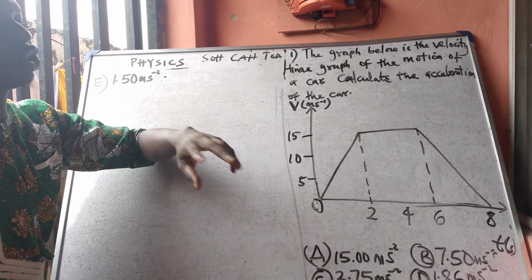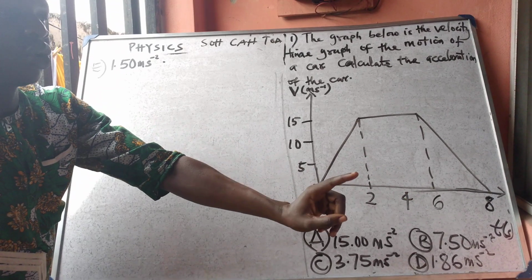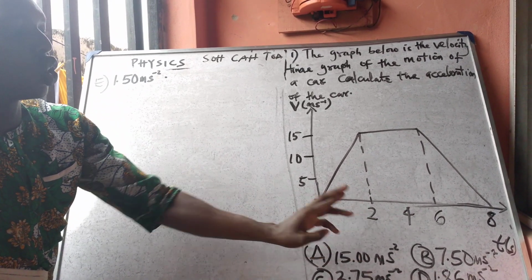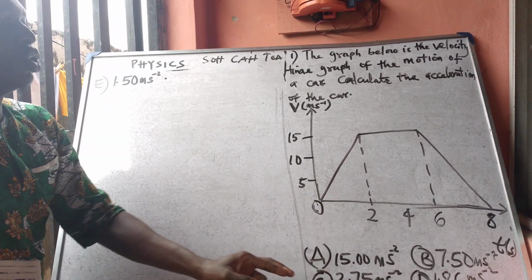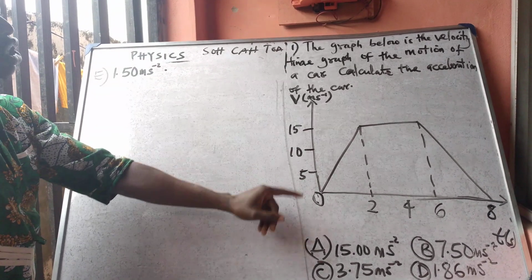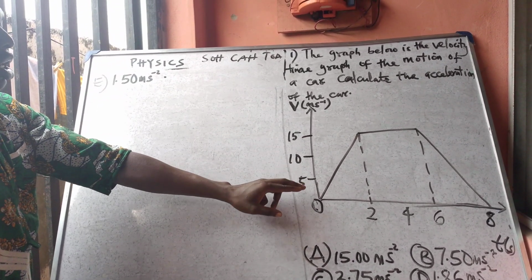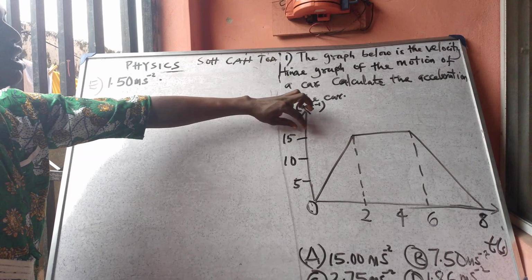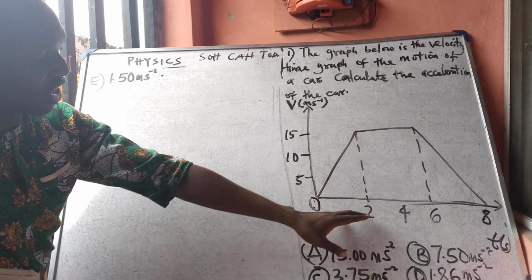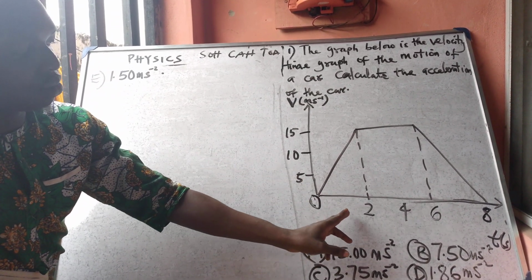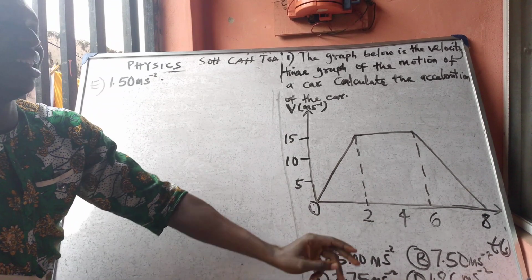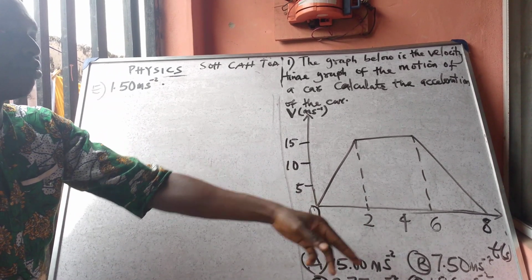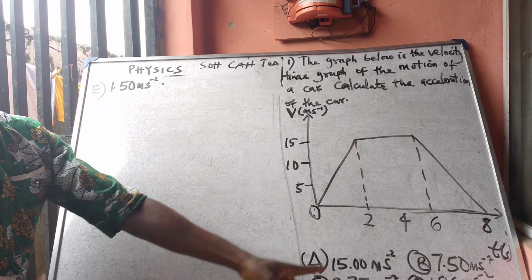And time is always plotted on the x-axis, or the horizontal component, or the abscissa. The values of velocity range from 0 to 5, 10, and 15. 15 is the maximum velocity. And the values of time are 0, 2, 4, 6, 8. 8 is the maximum time taken for that motion of the car.